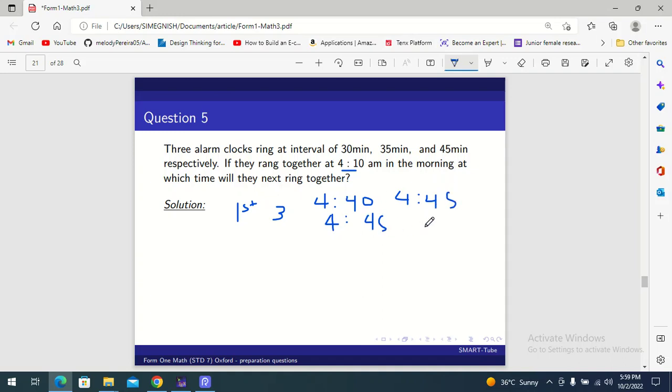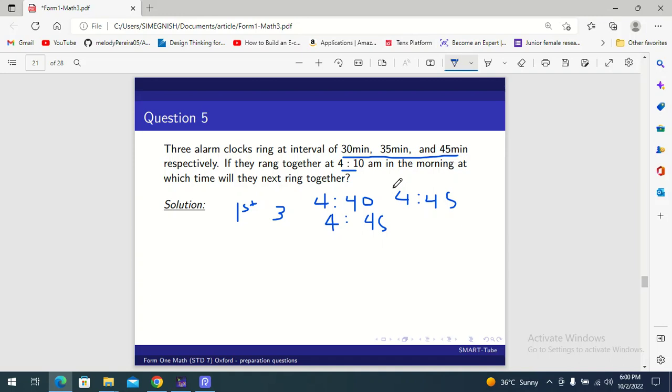As you see, these 3 times are different. The question says we need to find a time where they ring at the same time. If there is something like togetherness, we need to look at the LCM.